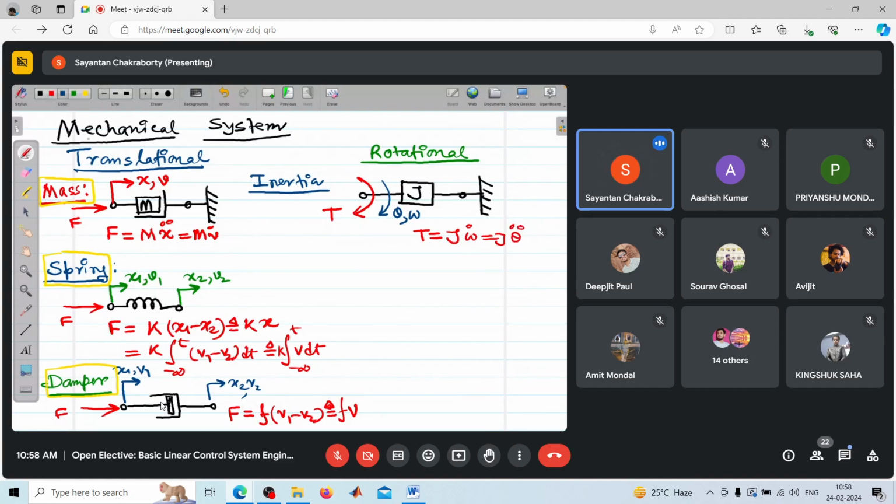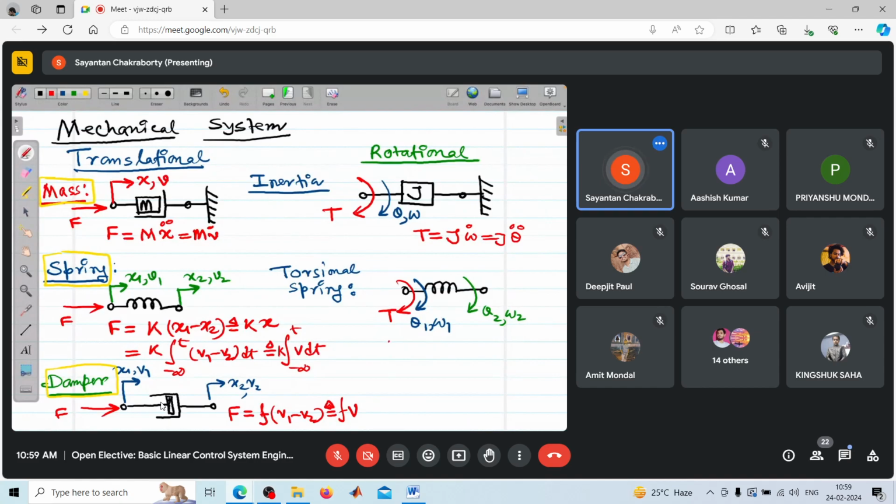Next we have torsional spring. We have a torque over here, and say this side has an angular displacement theta 1 with a velocity omega 1, and this portion omega 2.